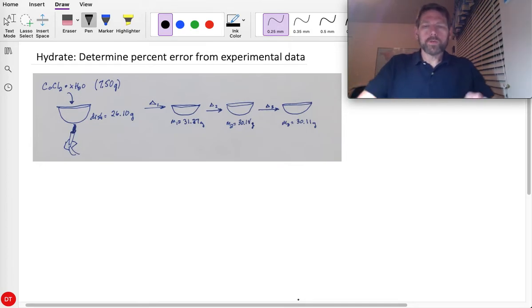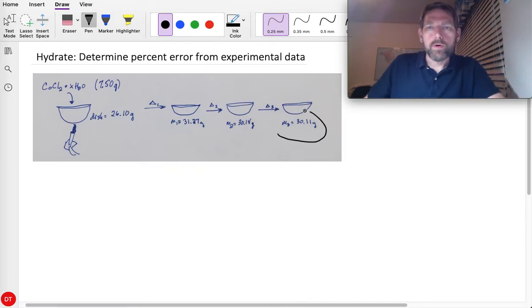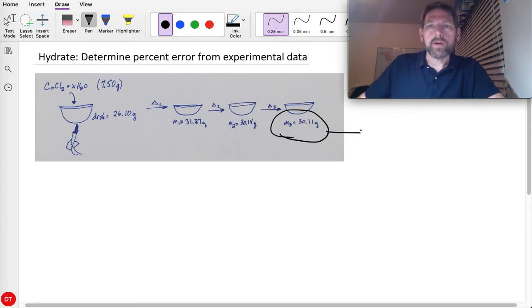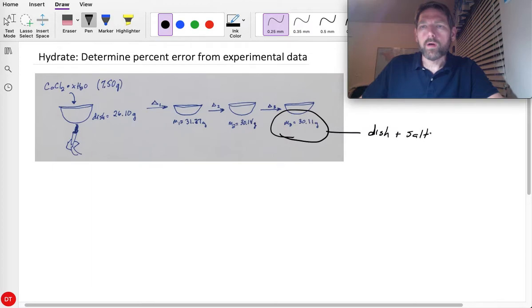Okay, so right here, that data was the mass of the dish plus the salt.